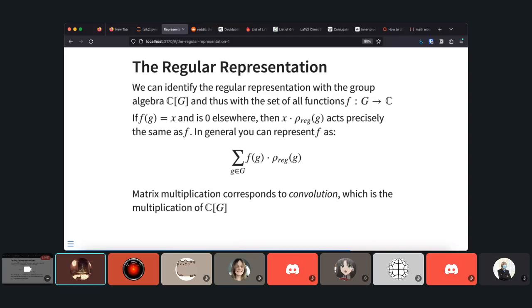It's a vector space that has the same dimension as the order of the group. It's just very nice that all of these things are essentially the same, or totally isomorphic.